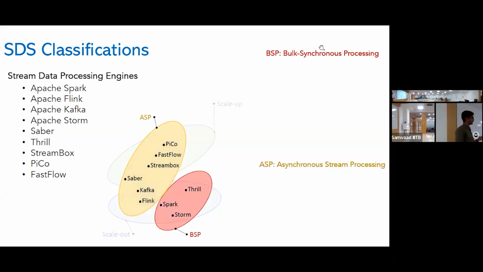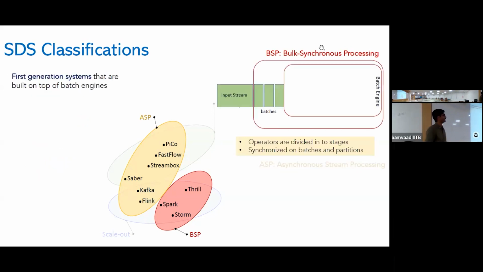And then the other classification, one of the primary classifications, is based on the data processing model itself. We can categorize that into two: the first one would be the bulk synchronous processing systems, and the other would be the asynchronous stream data processing systems. The bulk synchronous processing systems are also treated as the first generation systems, which are built on top of batch engines.